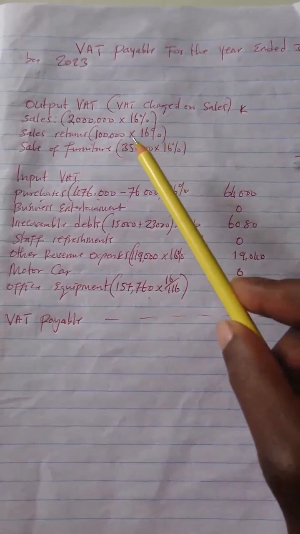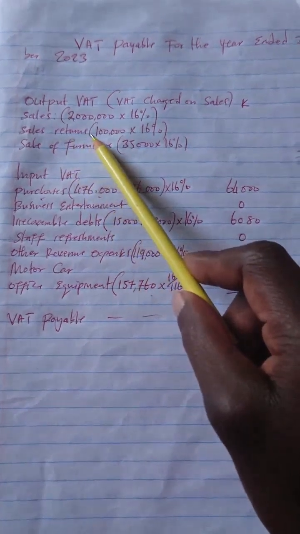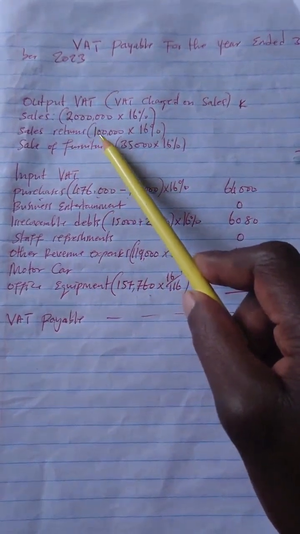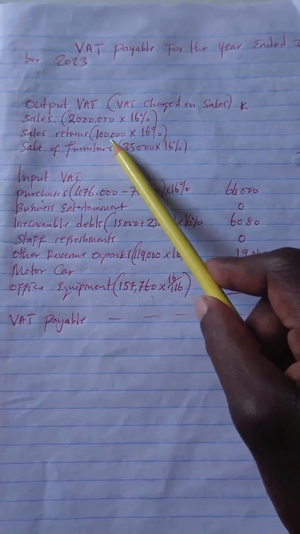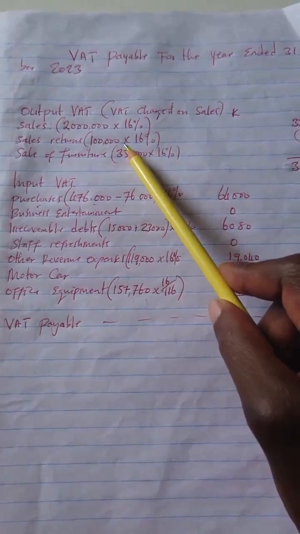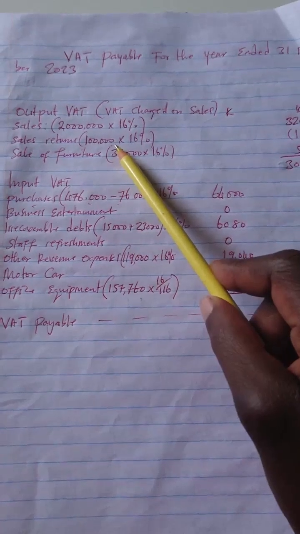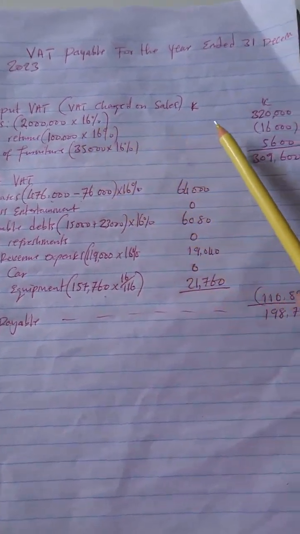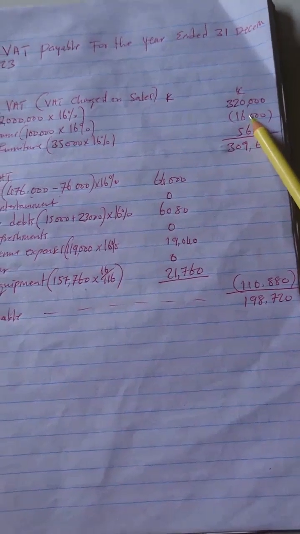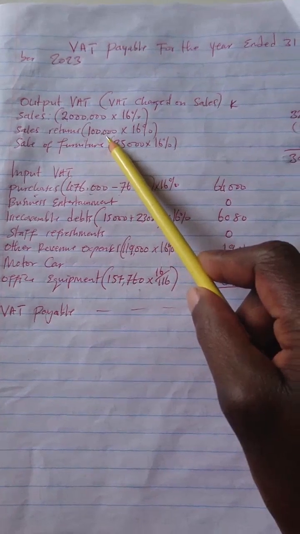You do the rest. So this person also had sales returns, all right? Customers returned goods worth 100,000 kwacha. So you need to also calculate the VAT on the sales returns. But since they returned, you need to subtract the result of your calculation there, because these sales were returned.